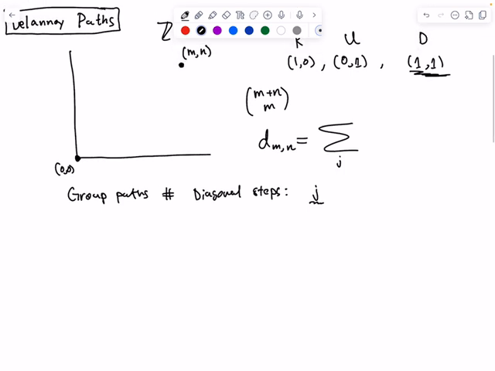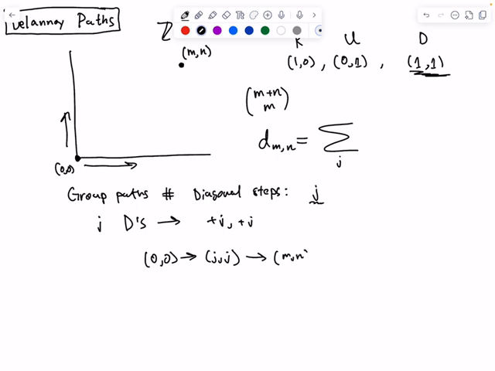Well, we know that taking j diagonal steps advances us plus j on the x-axis, and on the y-axis it advances us plus j as well. So we can think about taking j diagonal steps first, which would take us from (0, 0) to (j, j). And now the question is how many R's and U's would take us from (j, j) to (m, n).